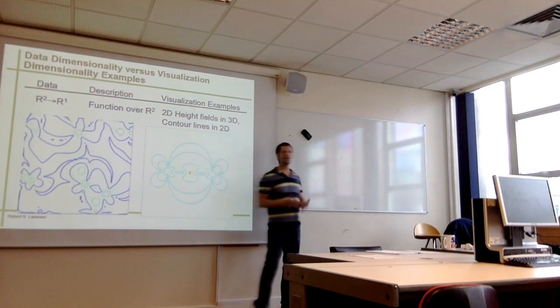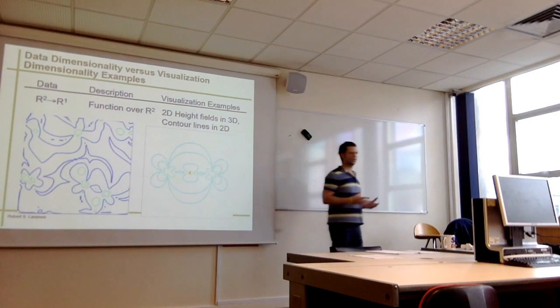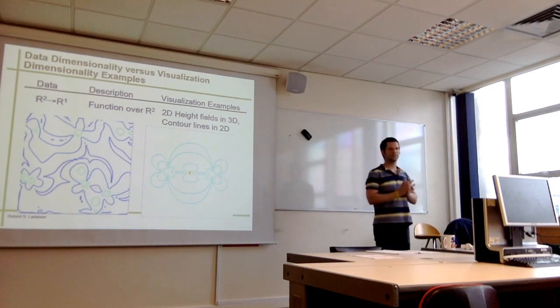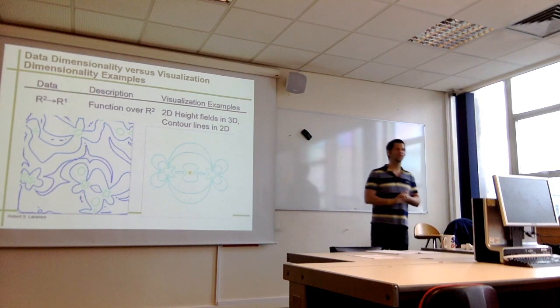Does anybody know where you see isocurves on a daily basis? Maybe you didn't know that you were looking at isocurves, but you do see them if you watch TV, I guess, on a more or less daily basis. The weather report, exactly.